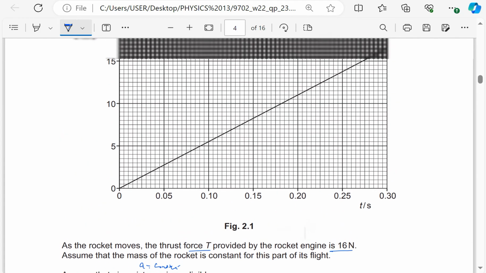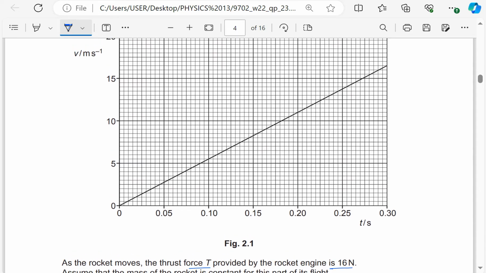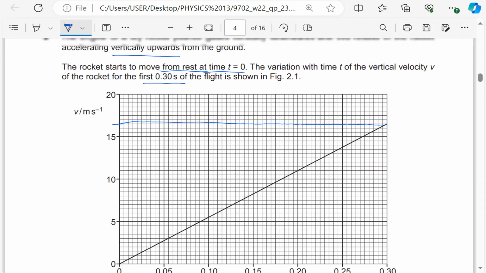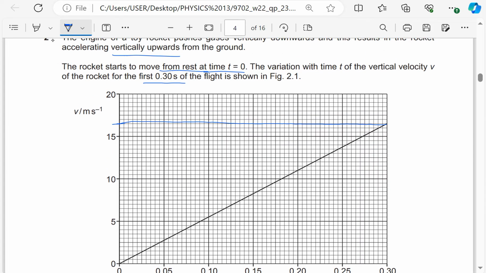Because this is a straight line, the acceleration is simply the gradient. So I'll just look for the gradient. The scale on the vertical is 5 over 10, which is 0.5, so this is 16.5.